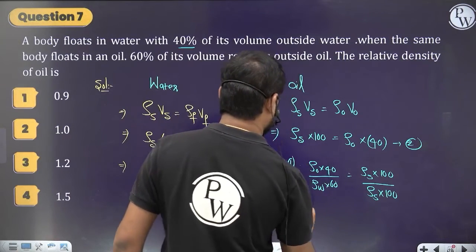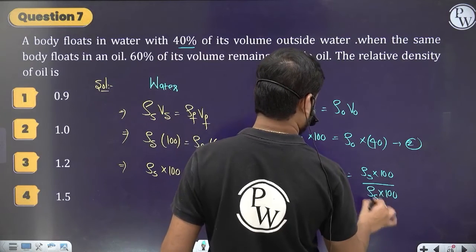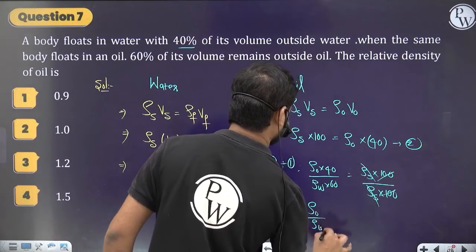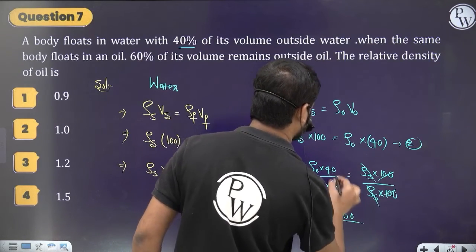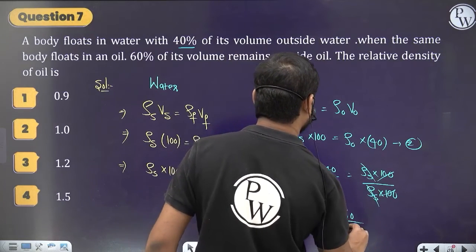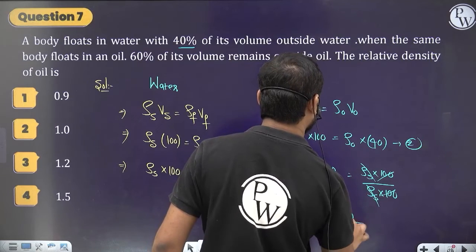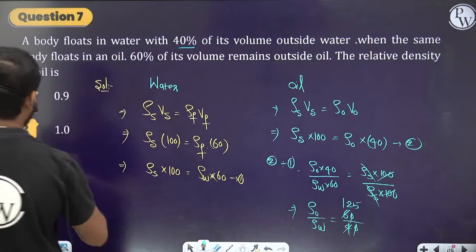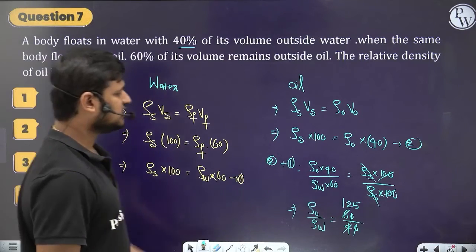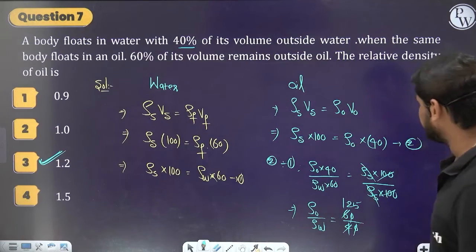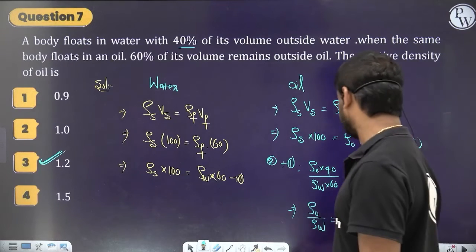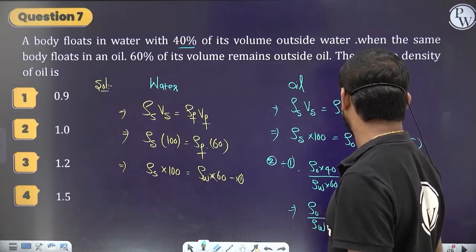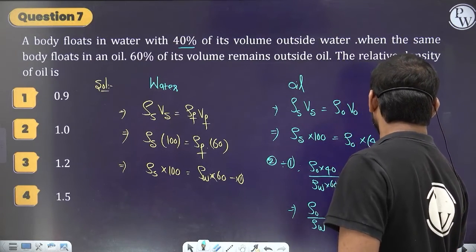So this cancels. So rho o by rho w is 60 by 40, since 40 by 60 goes outside. So 60 by 40, the zeros cancel, it is 1.25, which is approximately 1.2. So 1.25 or 1.2 we can consider. 1.2 only.